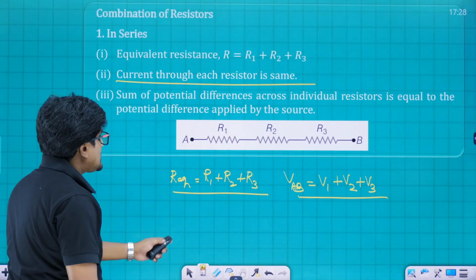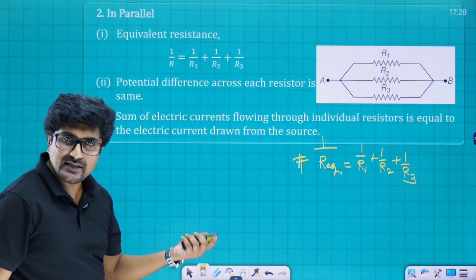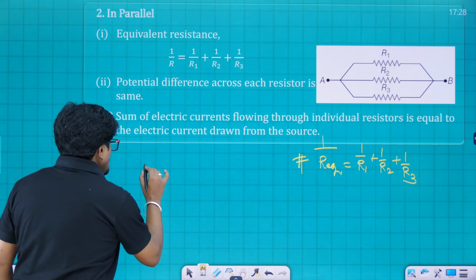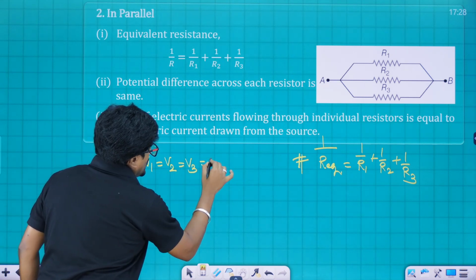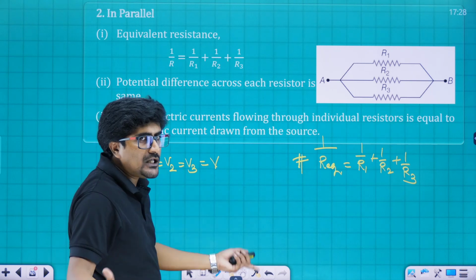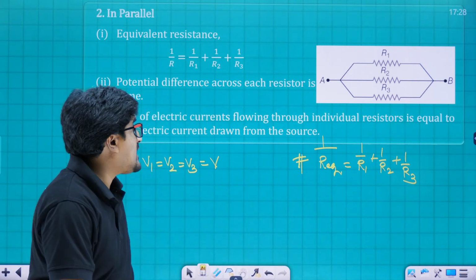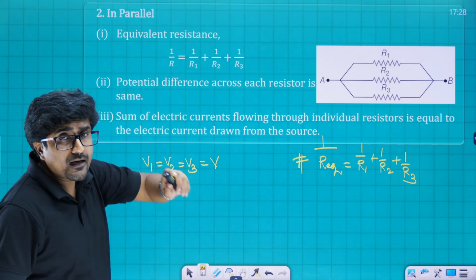Okay, the way we discussed the current as well as voltage in the previous case, in the same manner we need to address the same for this particular electric circuit as well. So in this case, you must know V1 is equal to V2 is equal to V3, which is going to be capital V. That means the effective potential difference across the terminals A and B is the same as that across V1, V2 as well as V3 in case of parallel combination.